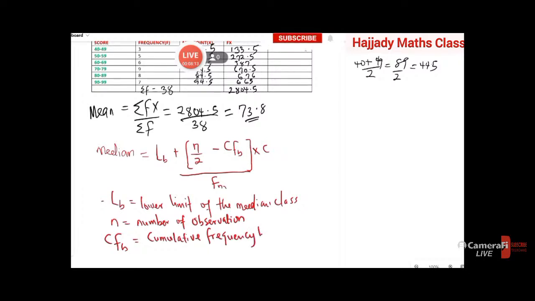Okay, so there is the cumulative frequency before the median class. Sorry for using abbreviation. And we have our F subscript M, which is the frequency of the median class.